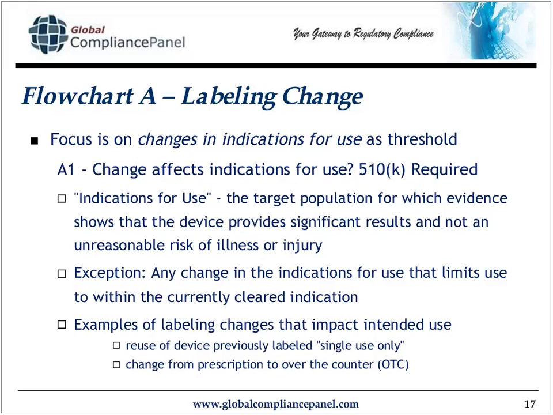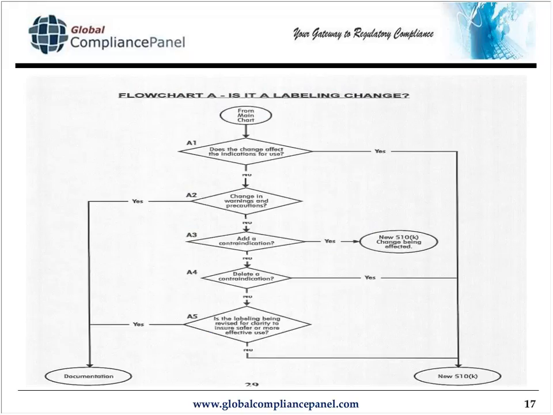Examples of changes that do impact intended use are reuse of a device previously labeled single use only, or a change from a prescription device to an over-the-counter device. If you go from an over-the-counter device to a prescription device, there's no 510K required because of the exception here, limiting the use. I'm not extending the use, I'm limiting it.